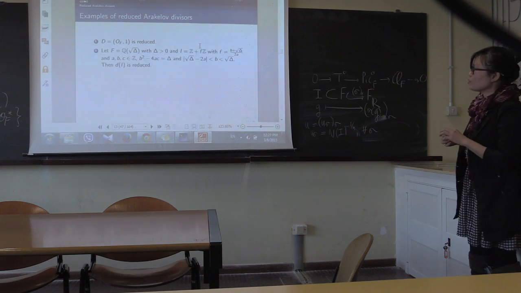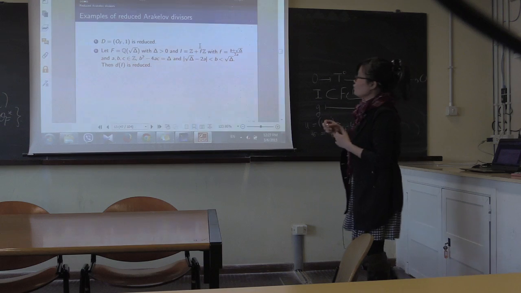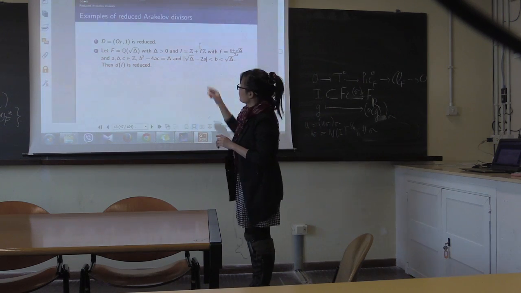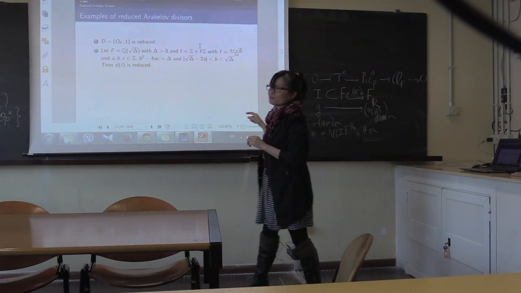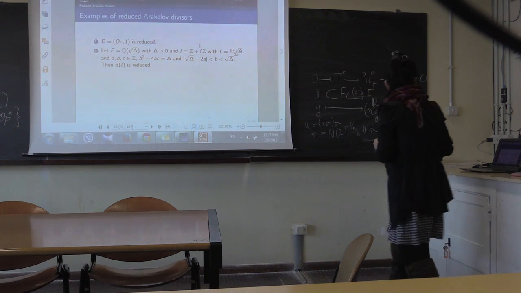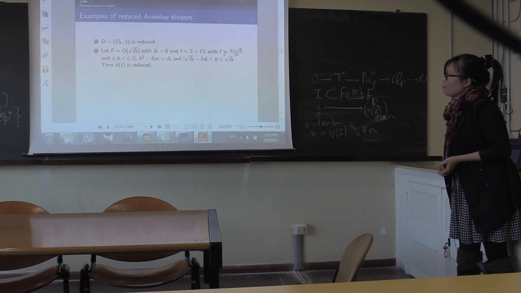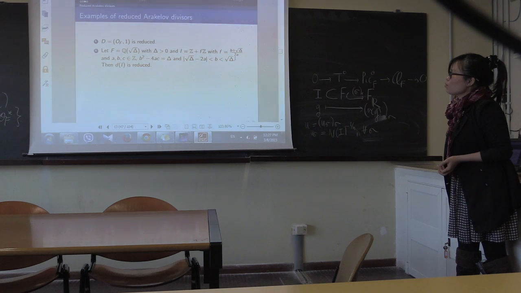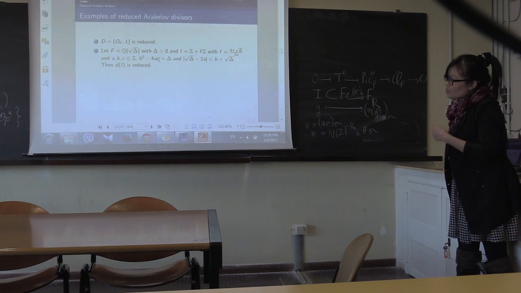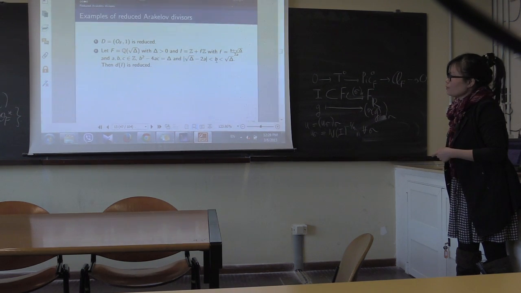The second example is for a real quadratic field. I take a real quadratic field with discriminant Delta, and any fractional ideal I of this form, with the coefficients a, b, c in Z computed by this formula, satisfying this equality and inequality.